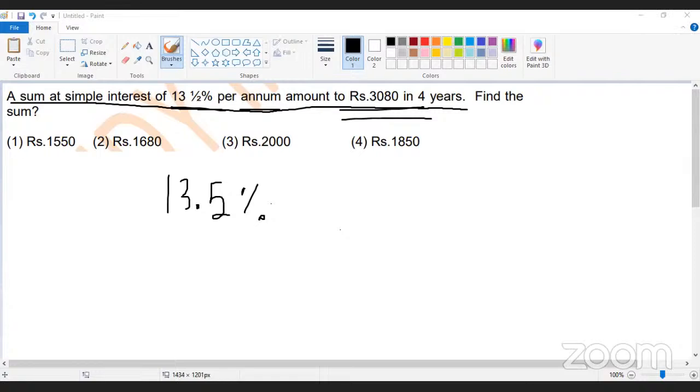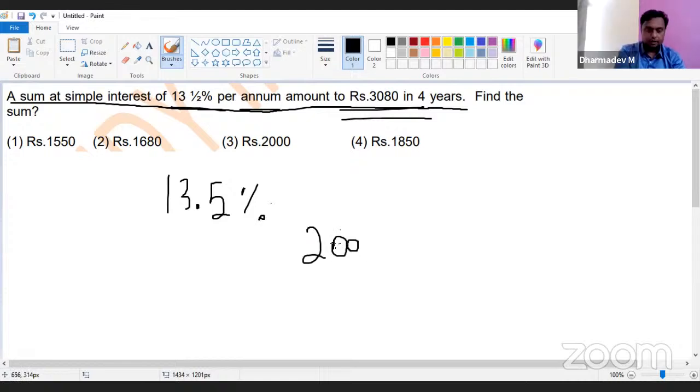Option 3. Okay, how do you get option 3? I used the simple interest formula and substituted all the options since they're given to us, and then found the answer. Okay, so let's take 1550 times 13.5 times 4 divided by 100.